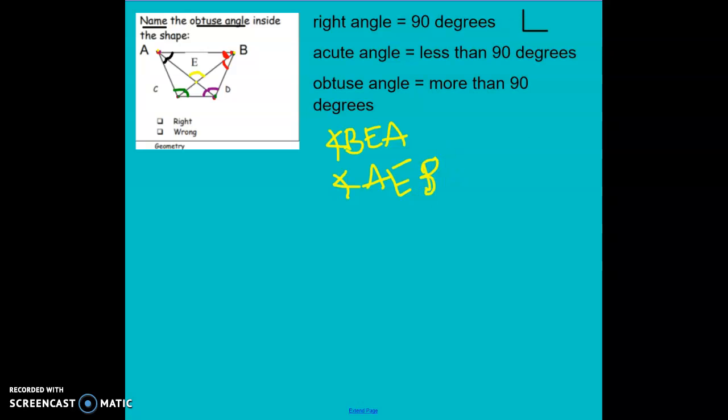Alright, that looks really sloppy, guys. I don't want to forget my angle symbol, so I'm going to write it again. Alright, and that's it. Alright guys, so check your answer, and I'll see you next time.